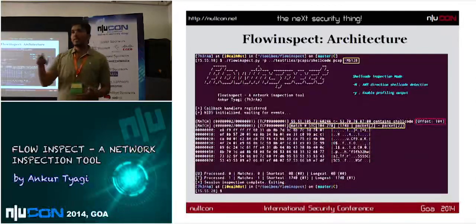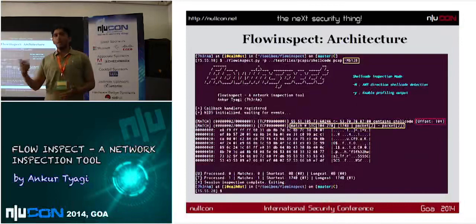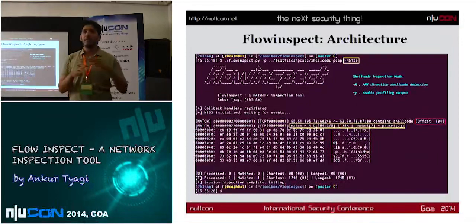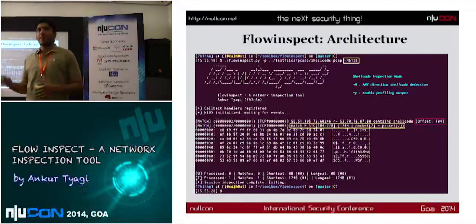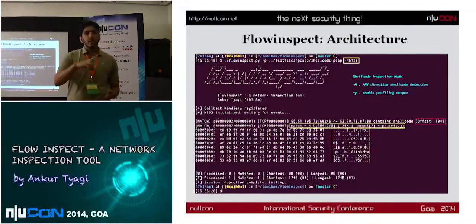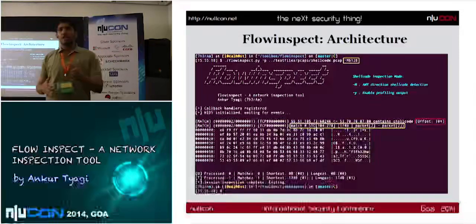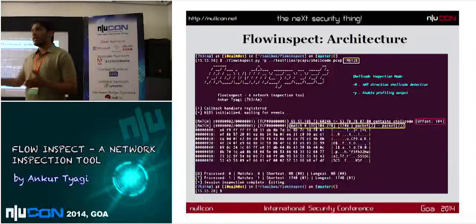So libemu has features to identify those GetPC patterns, GetPC blobs of instructions. If it finds those instructions, it will tag that particular blob of data as shellcode, and it will tell you that this blob of data has shellcode and starts from this offset and ends here.